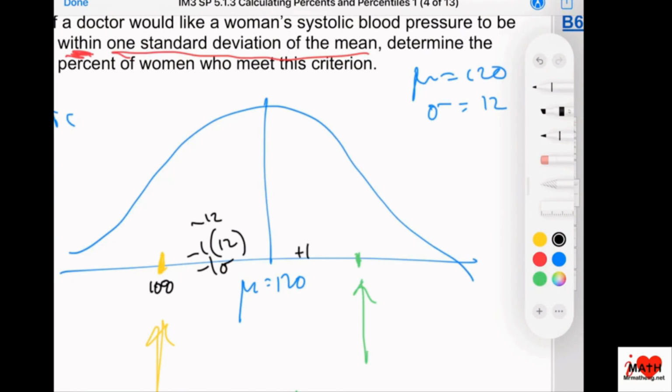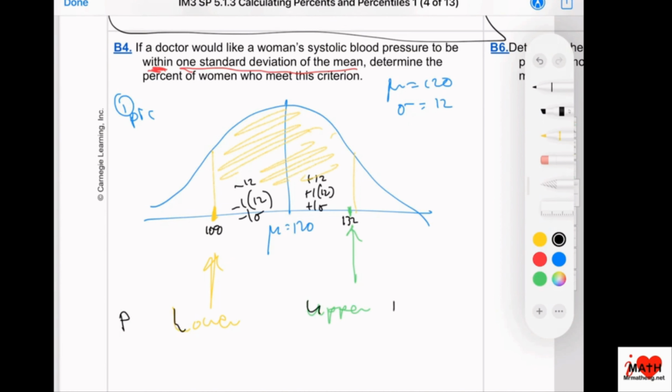Okay, and then here's our plums, which is our norm CDF. Our lower is 108, upper is 132, my mean is 120, and standard deviation is 12. All right, let's put that in.